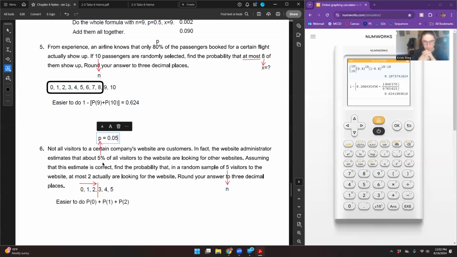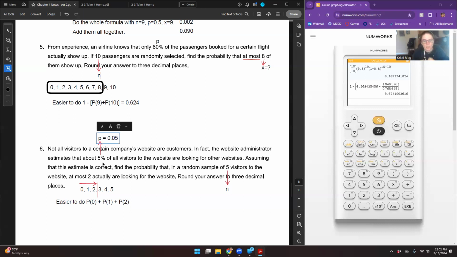0 to 5. We want to know at most 2, so 0, 1, or 2. But the other side is just 3, 4, or 5. So do I want to do these 3 probabilities or these 3 probabilities?